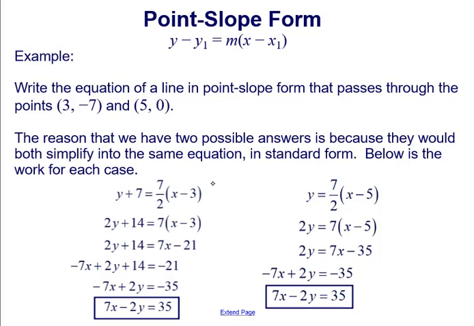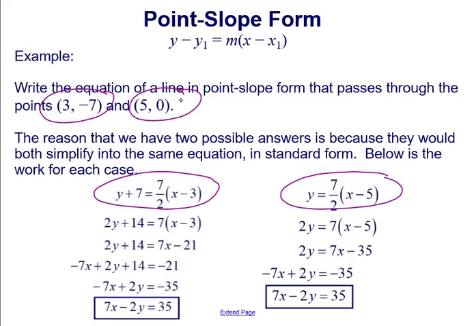So you really have two possible answers for writing the equation in point-slope form. It just depends on which point you use as x1 and y1.